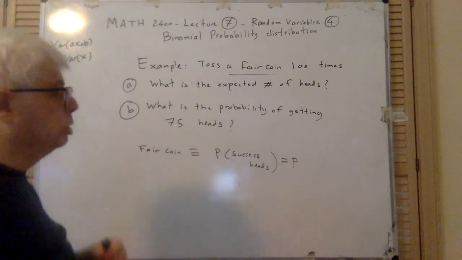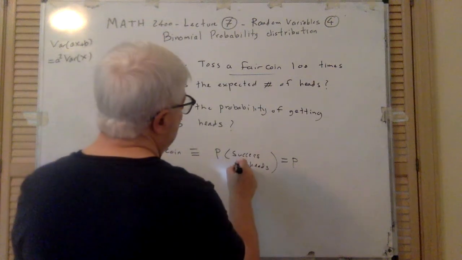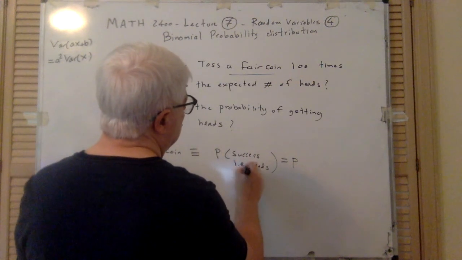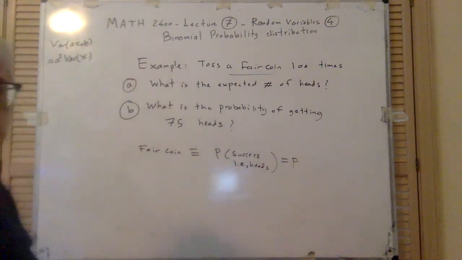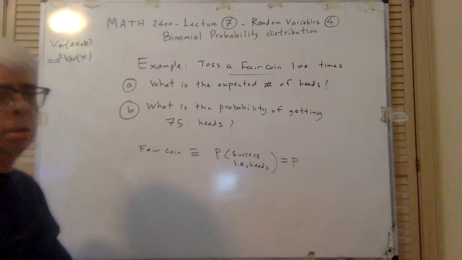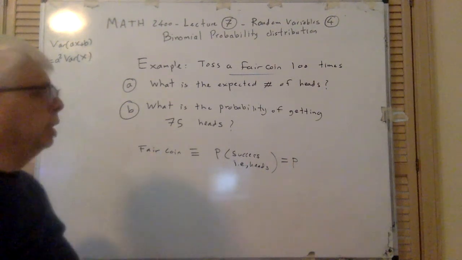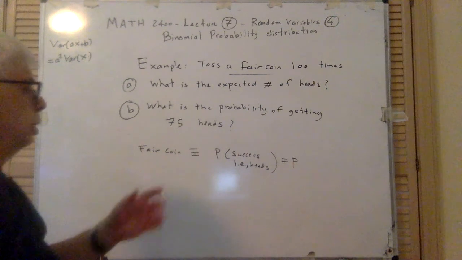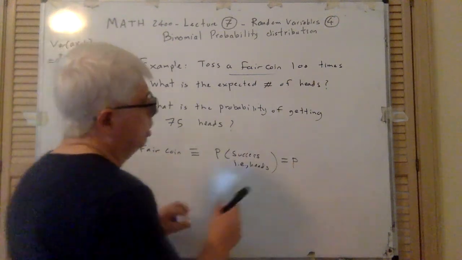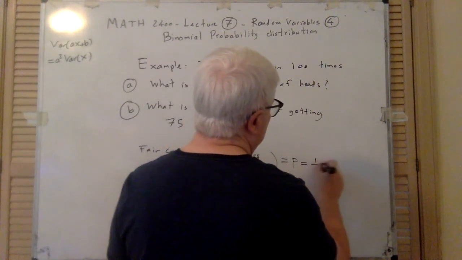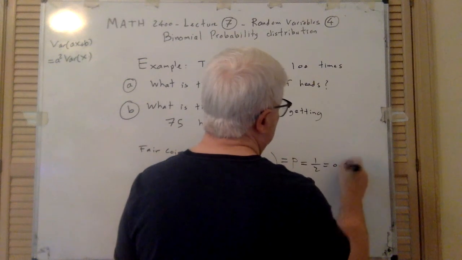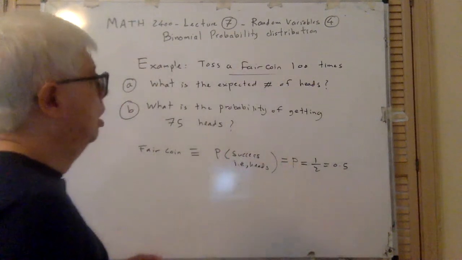Success here is just our definition. It doesn't have to be heads. You might say, no, I don't like heads, I like tails, so for me that is success. Anyway, in this case p is in fact 1/2.